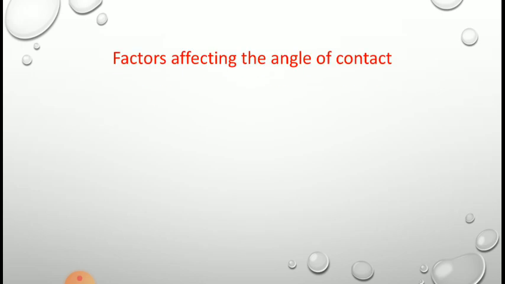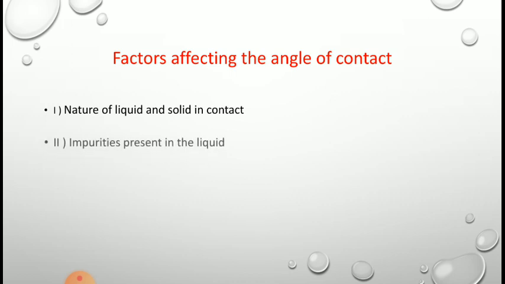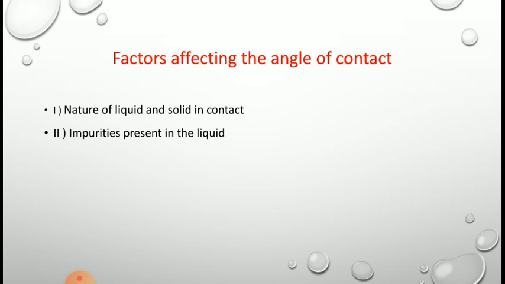Now we discuss the factors affecting the angle of contact. The value of angle of contact depends on the following factors. First is the nature of the liquid and the solid in contact. Second one is the impurity. Impurities present in the liquid change the angle of contact. Third one is the temperature of the liquid.